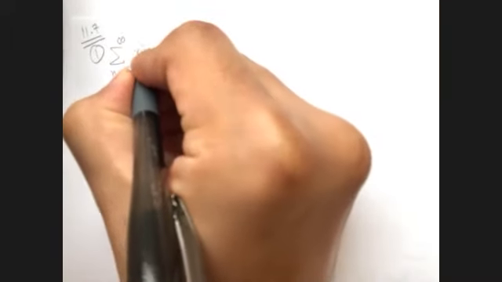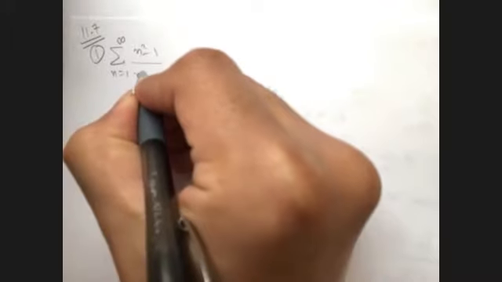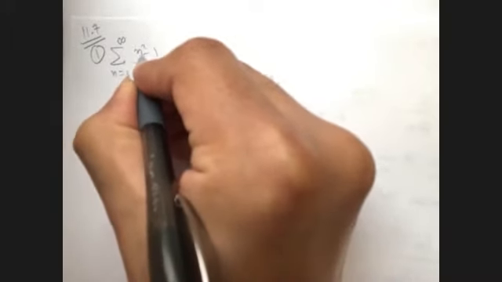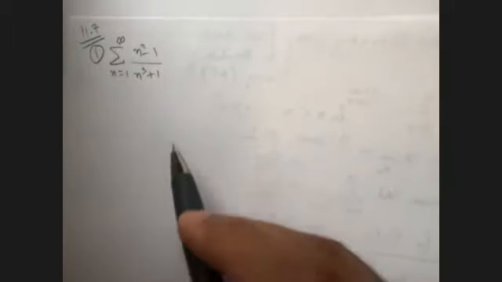Test the series for convergence or divergence. So the series is... so we have polynomials in both numerator and denominator.